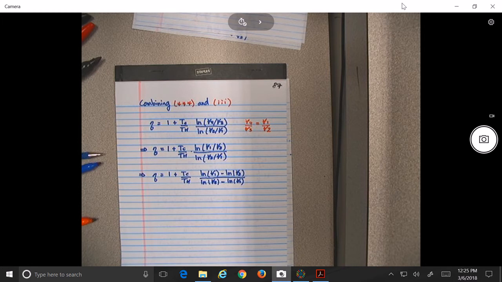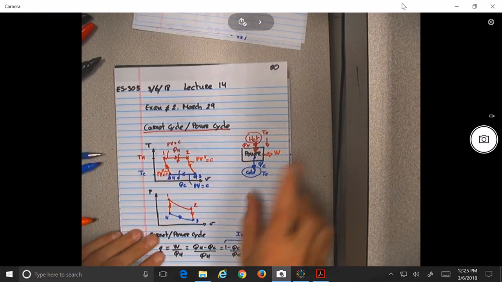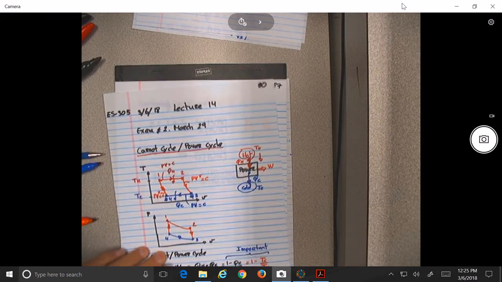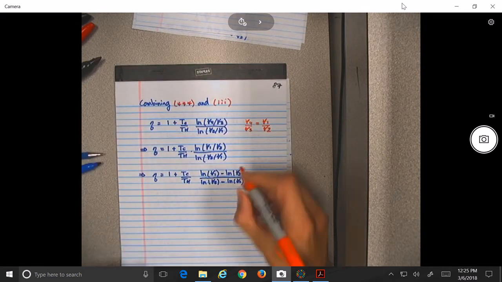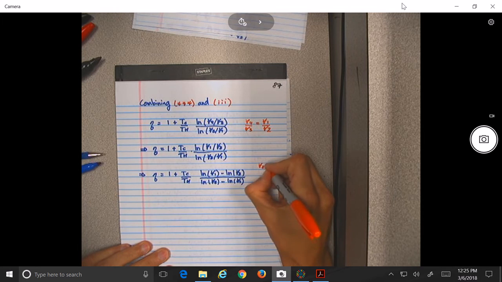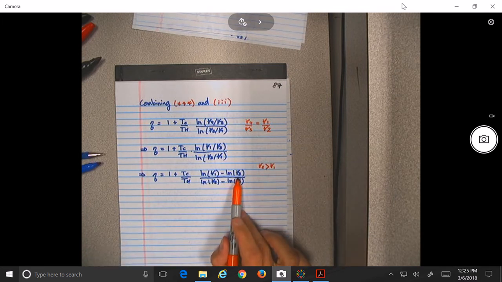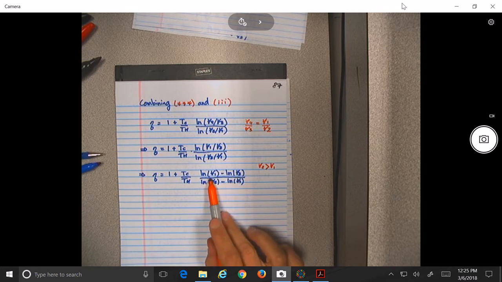So really it doesn't matter which way you do it, but since we have a figure, let's look at the figure. I completely lost it. So on the figure, what is bigger, V1 or V2? So V2 is bigger than V1. So the top will be negative. The bottom will be positive.